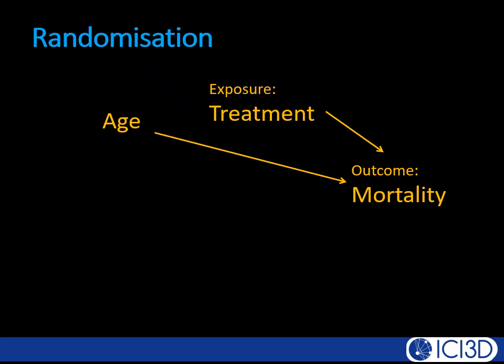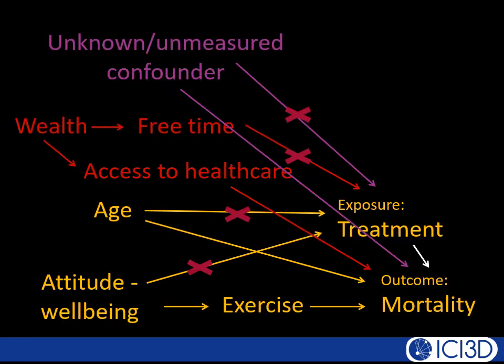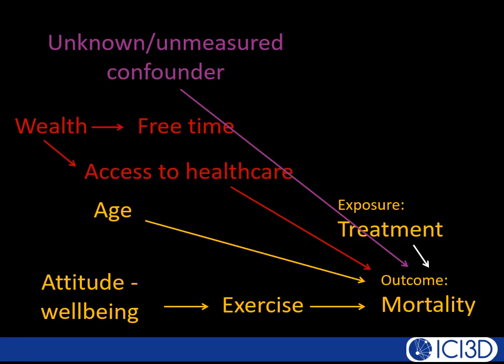This means, if age were the only confounder, when we analyze the data, the association that we measure between treatment and mortality is the impact of treatment on mortality. If we randomly assign the treatment, we remove all arrows going into treatment, and we are able to estimate causal effects.